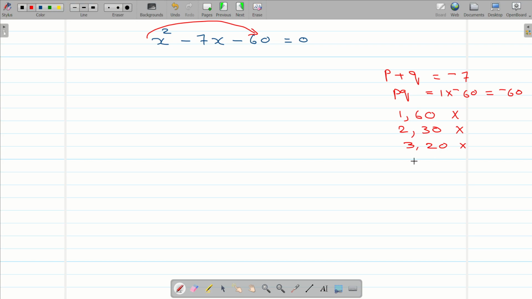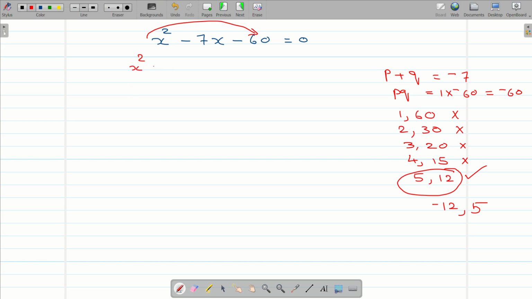Then 4 and 15, difference is not 7. 5 and 12, difference is 7. And bigger of the two numbers, that means 12, will be given minus sign, minus 12 and plus 5.